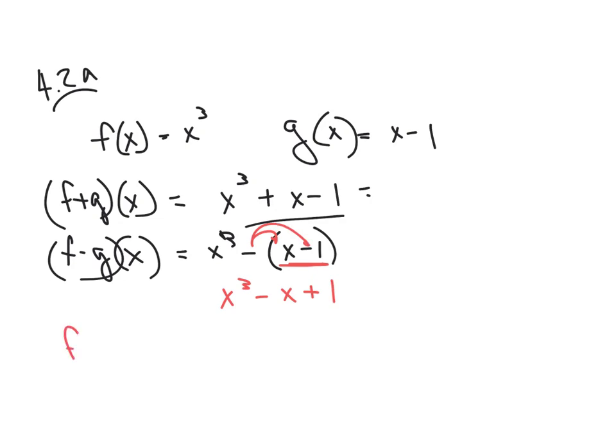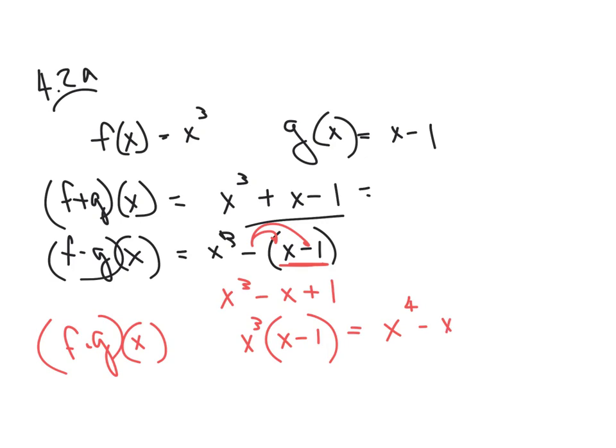And then the next one is they may have f times g of x, and then they've got, of course, the x cubed times x minus 1, and you'd get x to the 4th minus x cubed for an answer.